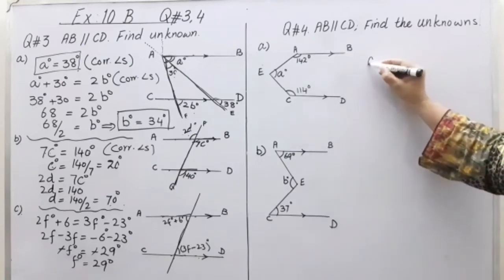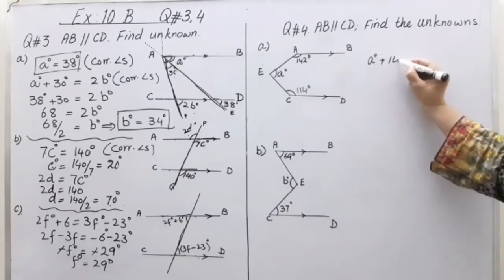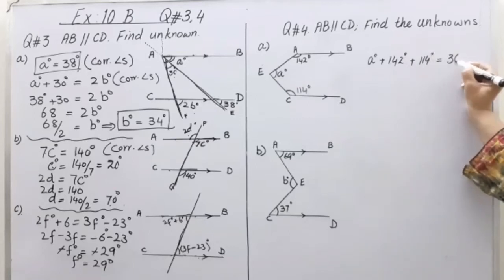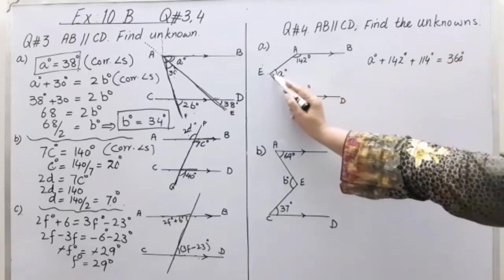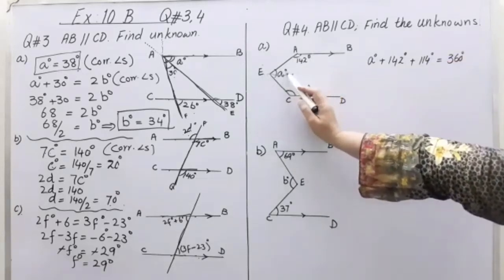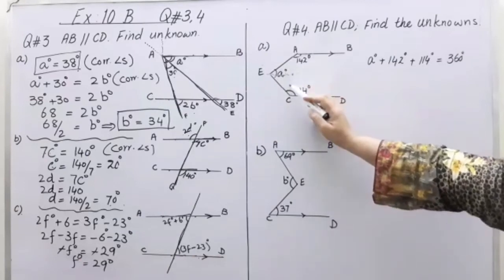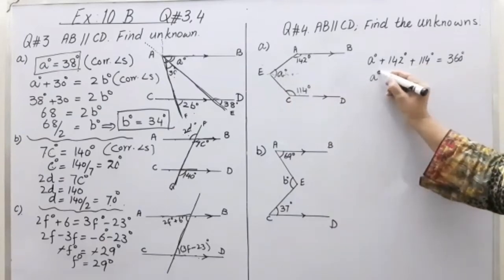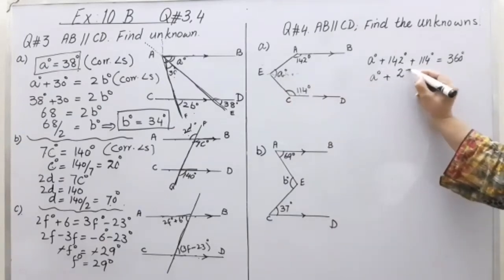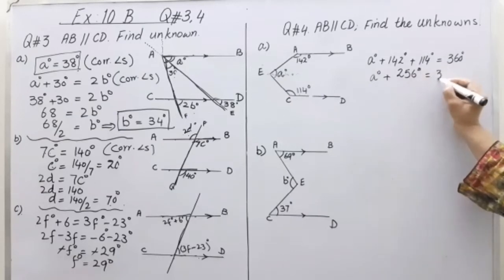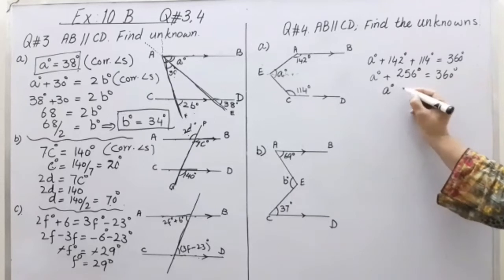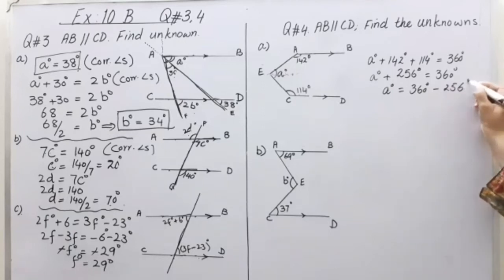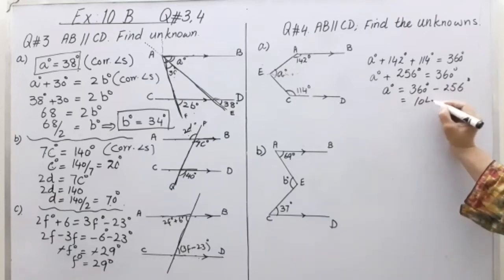Just write A plus 142 plus 114 equal to 360, because there are one interior angle and second interior angle, and two interior angles are equal to 360. A plus 256 equal to 360, and A is equal to 360 minus 256 equal to 104 is your angle.